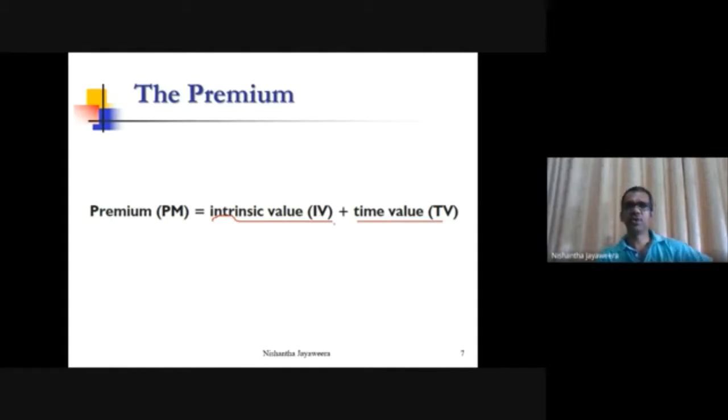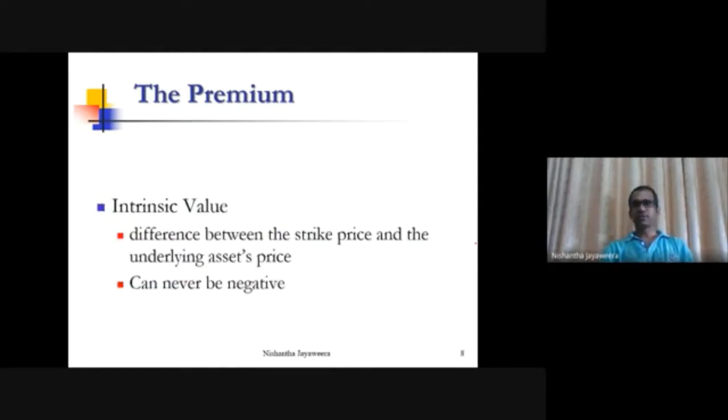This is true at any time during the contract, not only on the expiry date. On the expiry date, time value is indeed 0 because there is no time to maturity. Then we'll discuss how to find the intrinsic value and how to find the time value.